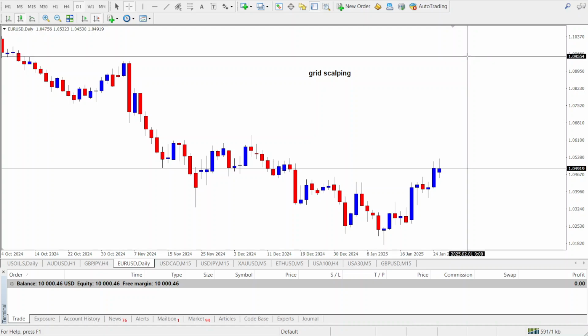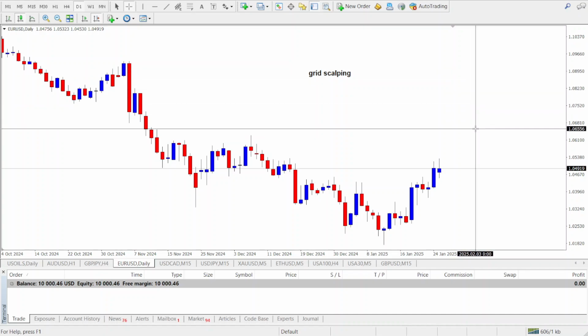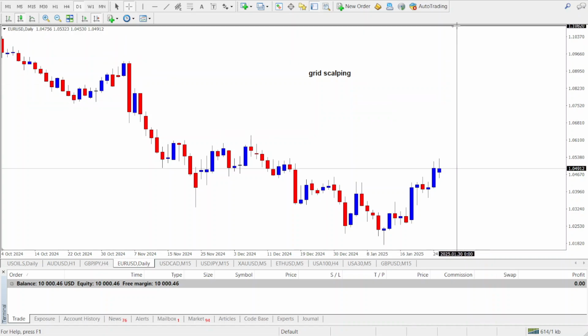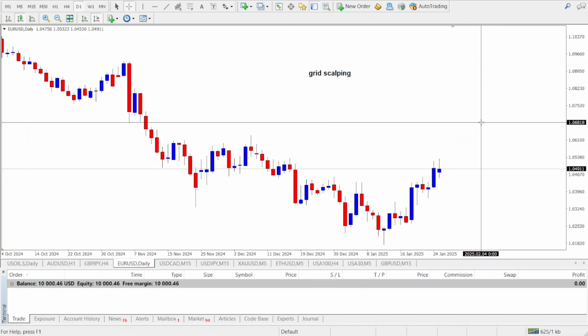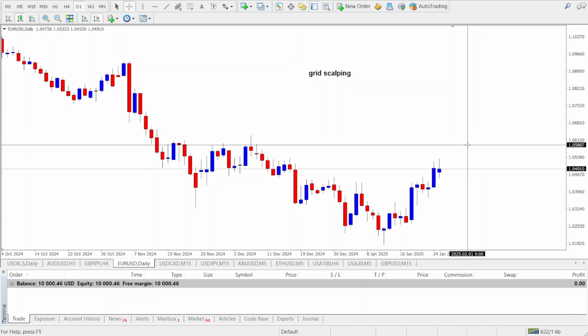You can place at 1.09, and so on, while placing sell orders at 1.05 and 1.11 and so on, going higher. So as the price moves, your orders are triggered, and you aim to close them at small profits during retracements.